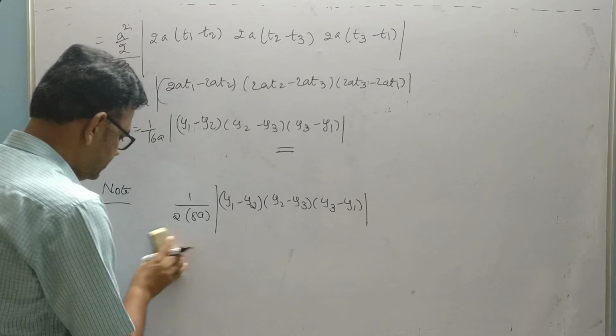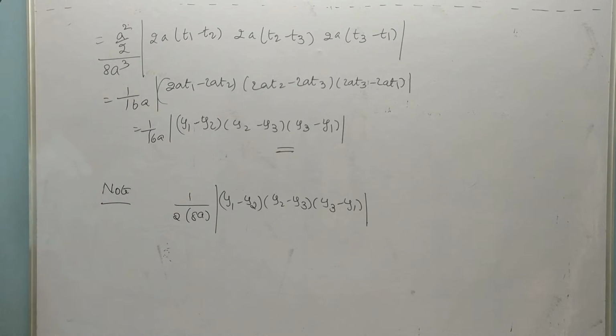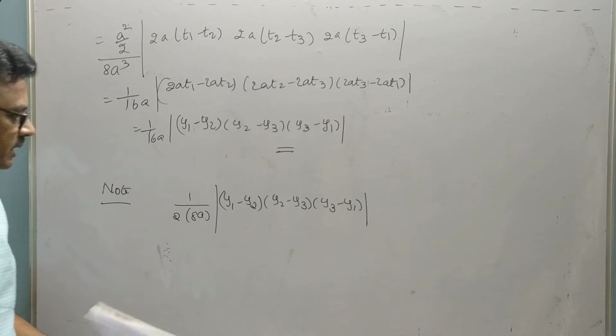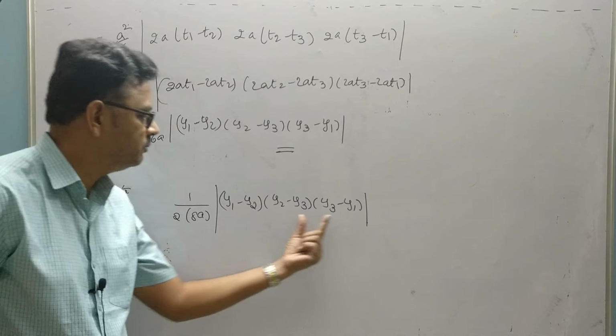So it is 1 by 2 of 1 by 8a into that, that is 1 by 2 of the area of the triangle inscribed in the parabola.